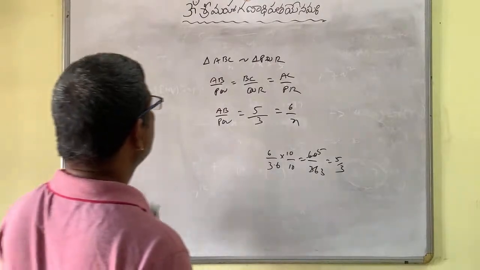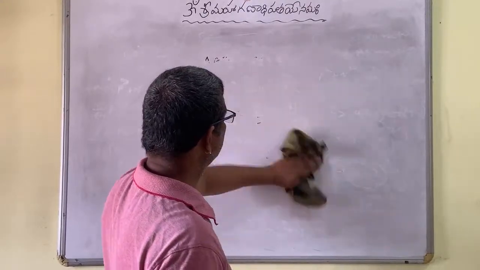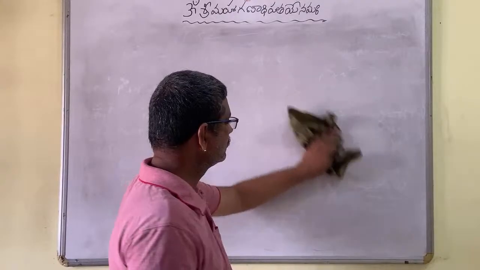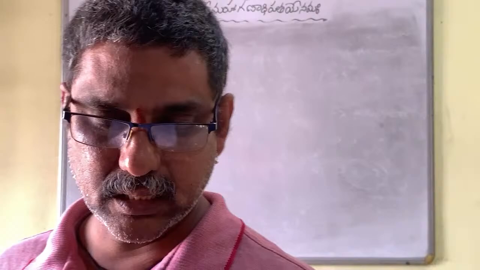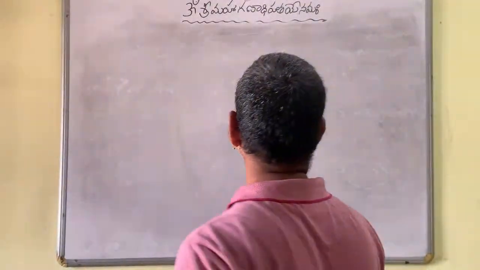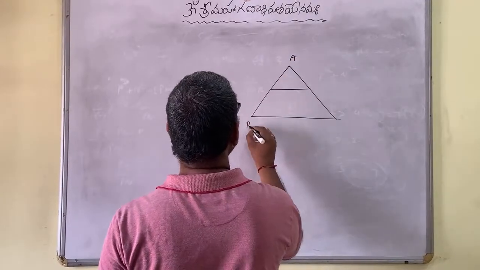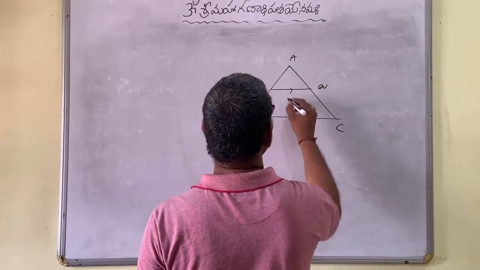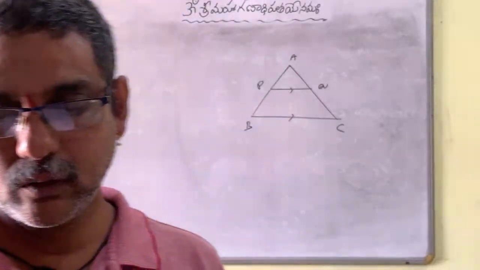Question number 14. Triangle ABC, PQ parallel to BC, PB is 6, AP is 4, QC is 8, asking AC. Four, 6, 8.